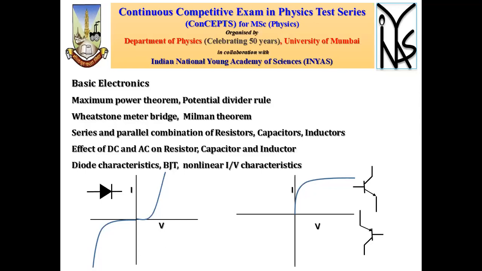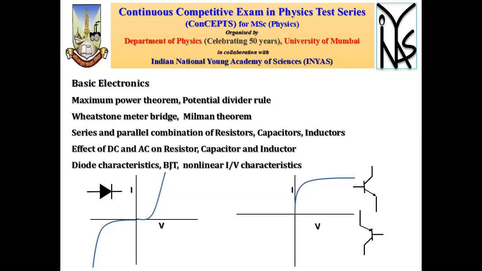And there is the Millman theorem, which is based on the Ohm's law we saw, but in that case conductance and the voltage source and conductance part is added, and these are helping in some of the questions in the NET set exam also. So we have to focus on that.